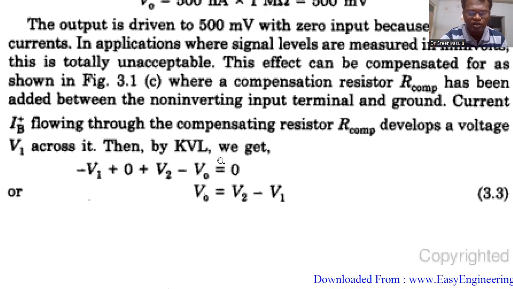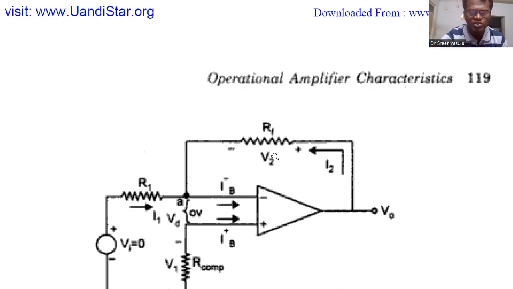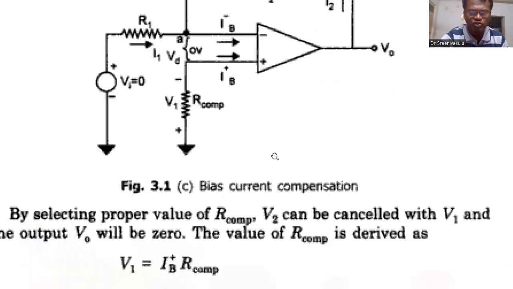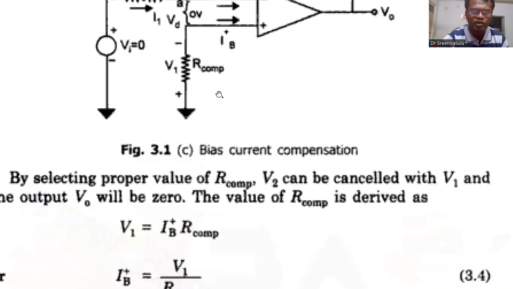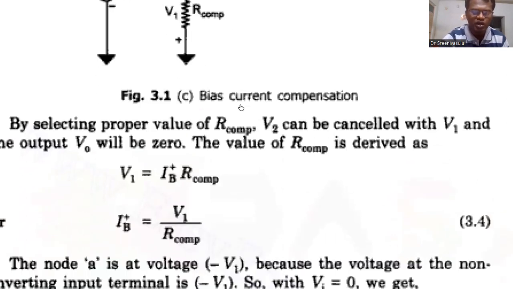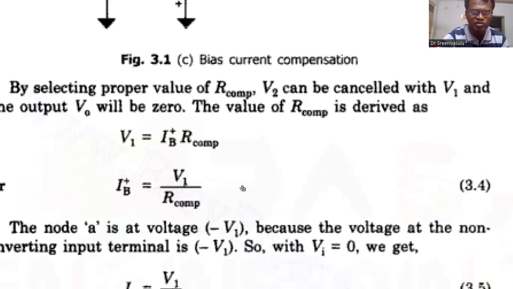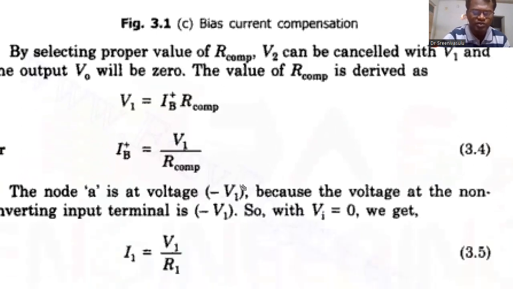So finally V0 is equal to V2 minus V1. V1 is IB plus into R compensation, so IB plus is equal to V1 by R compensation.